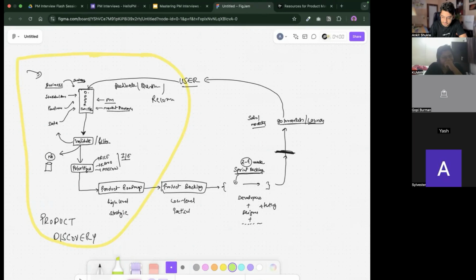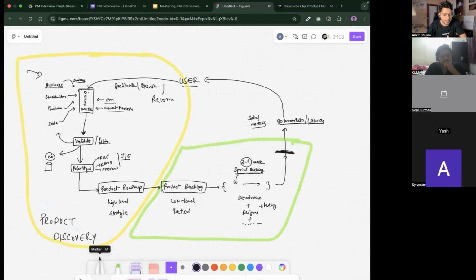The second part is here you work with the internal stakeholders in order to build the product, create the product. This is called as product delivery or development or design. Okay.